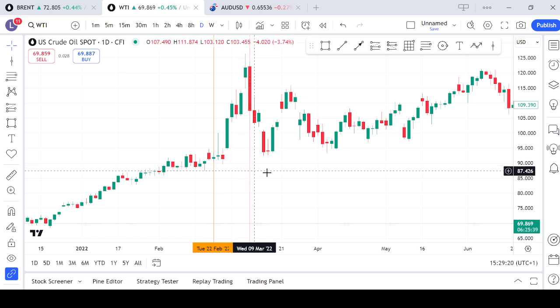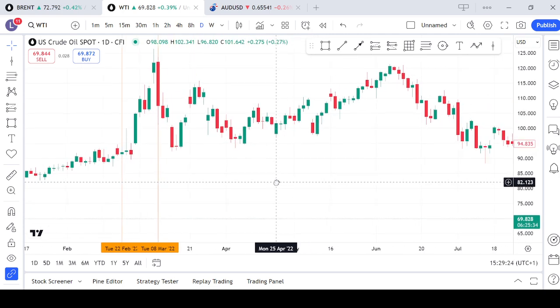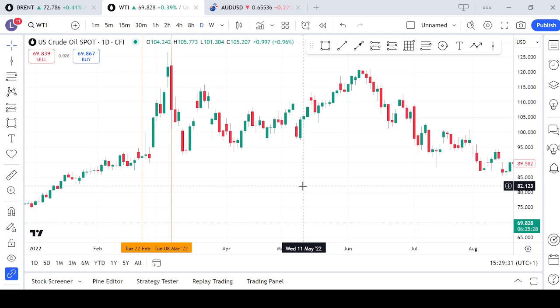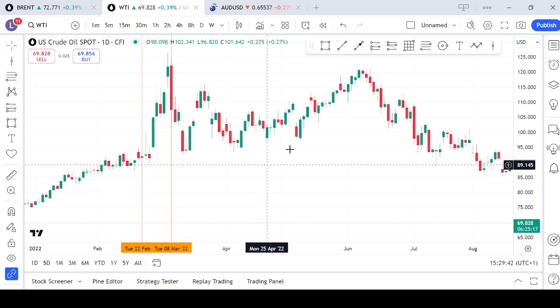And at the same time, US economic indicators also played a role in shaping market sentiment. Strong GDP growth, as I said before, and robust manufacturing data in early 2022 indicated rising demand for oil. This is fundamental analysis, and this supported further higher prices.